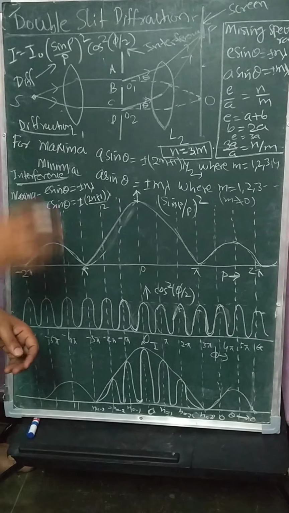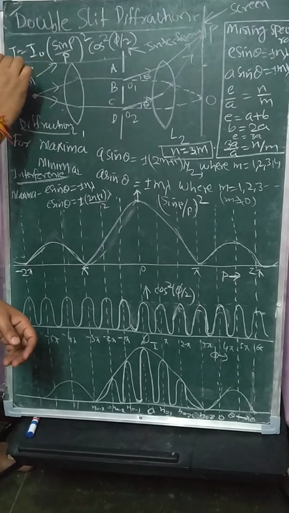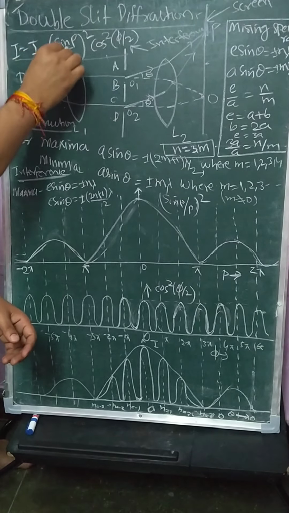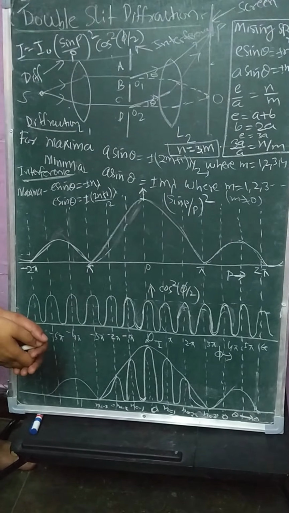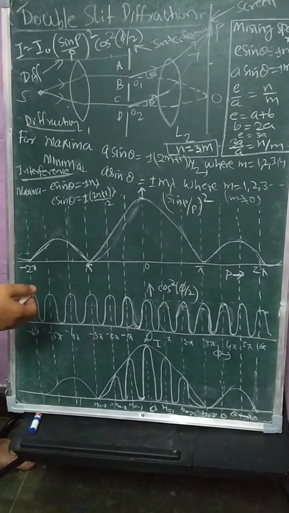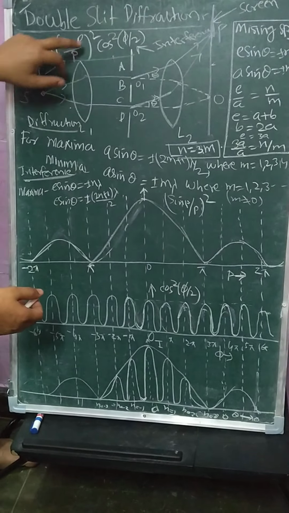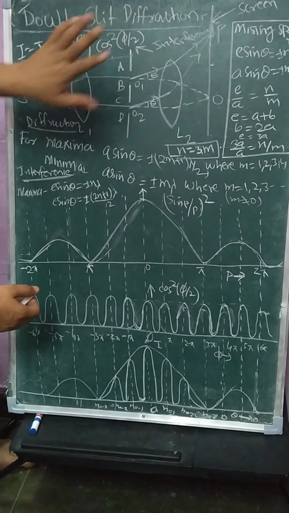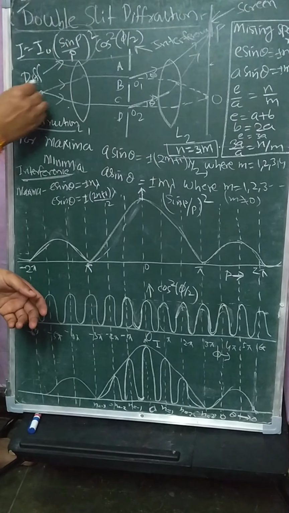So ultimately, not the proof here, but directly use the formula: I equal to I naught (sin p upon p) whole square into cos square pi by 2 is the total intensity. Basically most important, similar to grating, we will use I naught (sin p upon p) whole square into (sin N phi upon sin phi by 2) whole square.